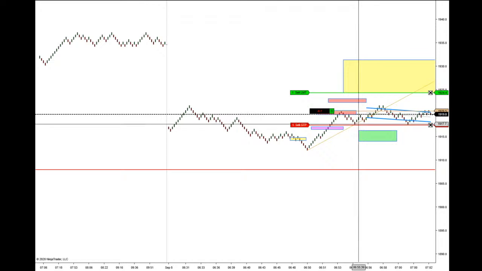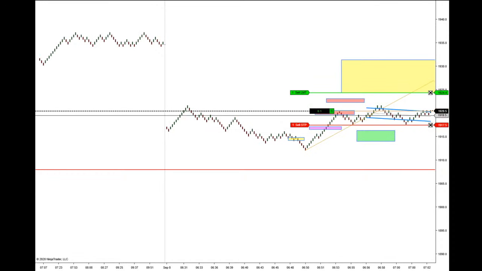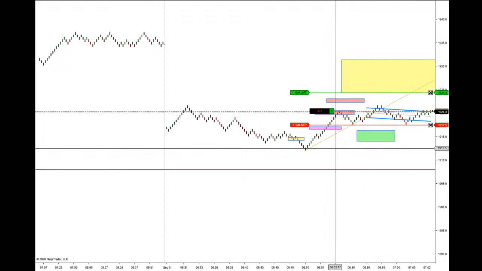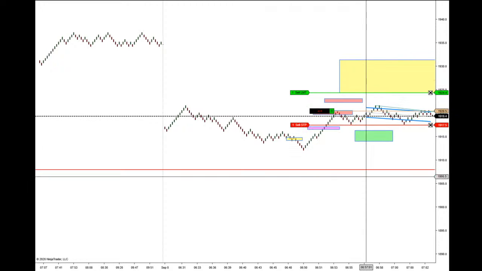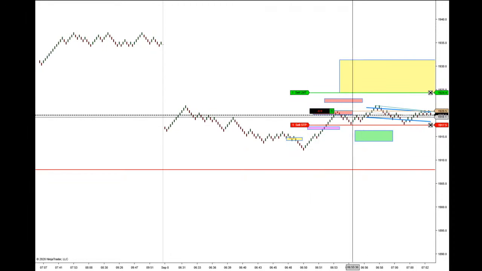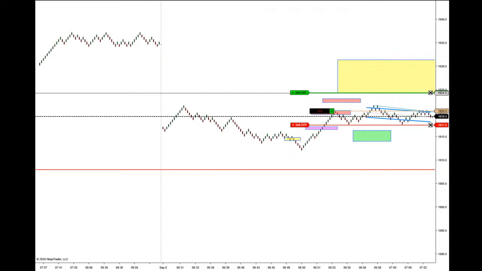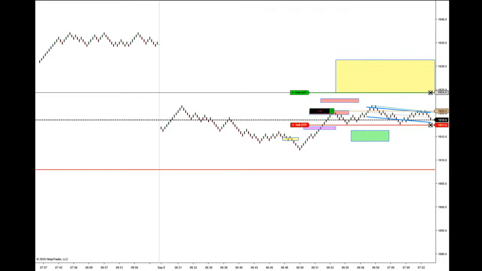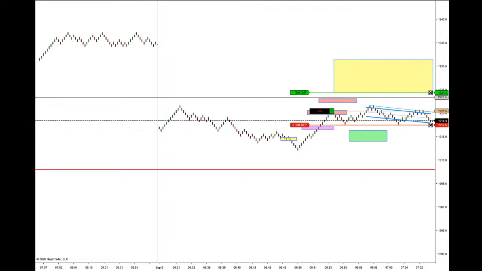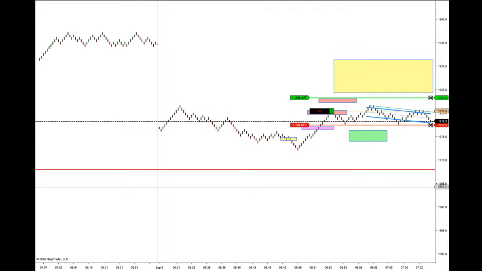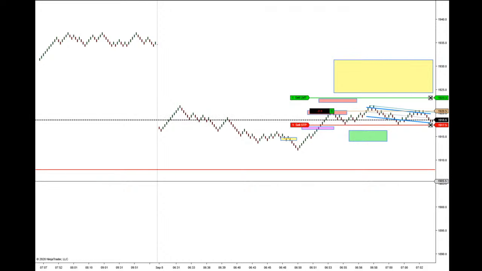I may have anticipated this trade here. Come on. Yep, I think I may have taken this prematurely. It may take all of our profits out.